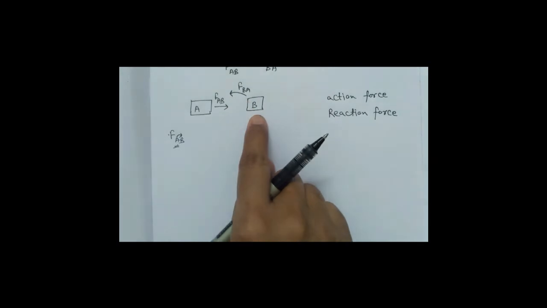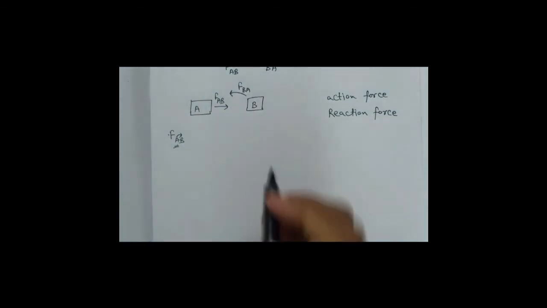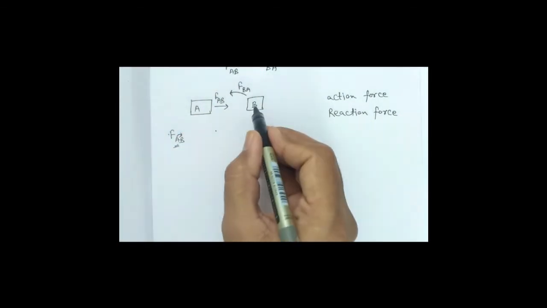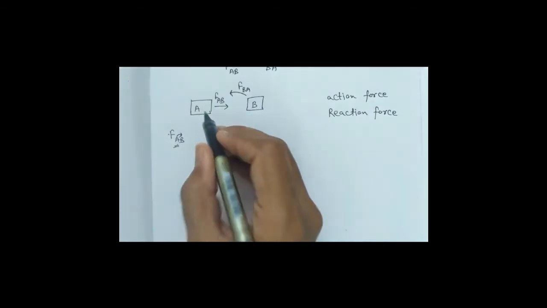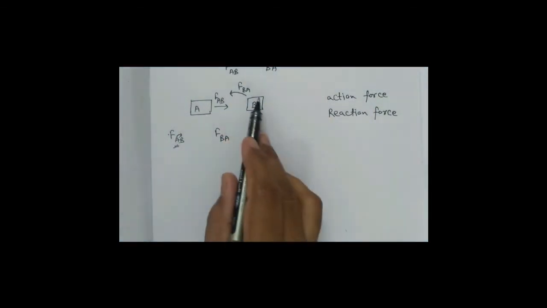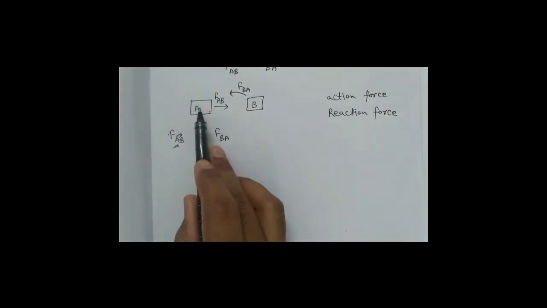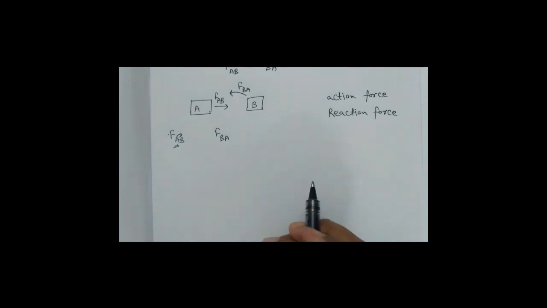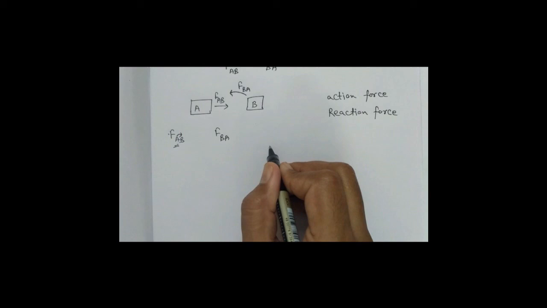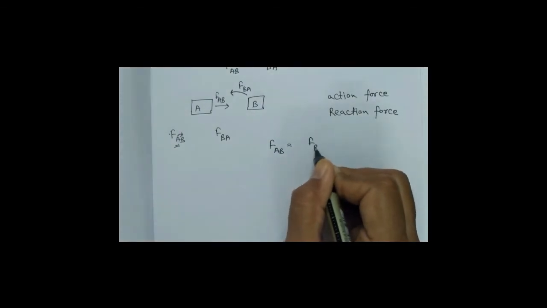Object B reacted and provided the same amount of reaction force to object A. Assume that the force exerted by B on A is FBA. So the same amount of force is provided back as a reaction force to object A, isn't it? That means if they are of the same amount, can I call it FAB equal to FBA, isn't it?